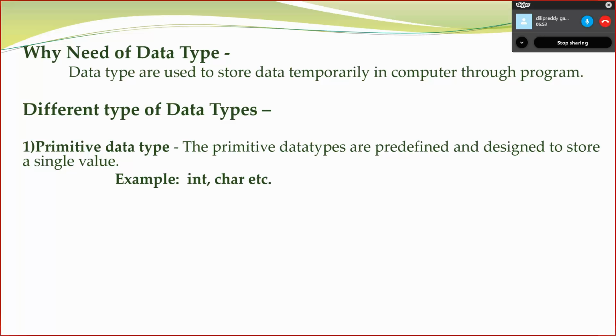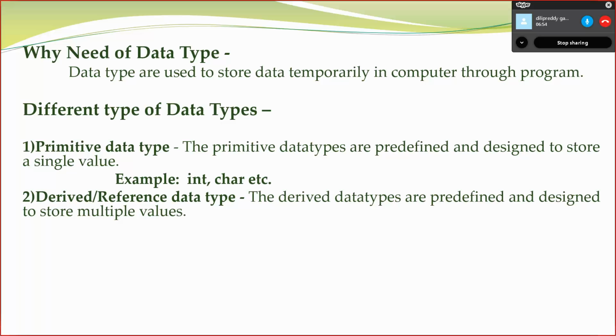Then I have derived or reference data types. Those are also predefined and store multiple values, like an array. You know, in an array we can define multiple values. And then we have user defined data types.